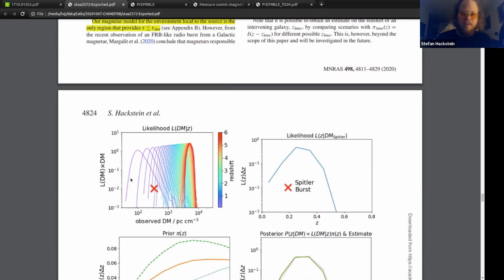We do this for increasing redshifts, and you can see that higher redshifts are associated with higher values of the DM. Now, when you observe a particular fast radio burst, for example the Spitler burst 121102, with a particular DM, you can simply extract all the function values and thus get a distribution of possible redshifts for this fast radio burst. And we all know how to get an estimated value from a probability function. We can even get a deviation, go home, have a cup of tea, because we've just roughly localized the fast radio burst.